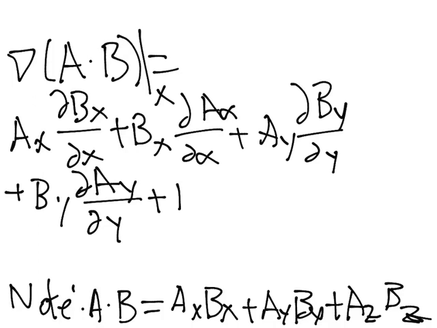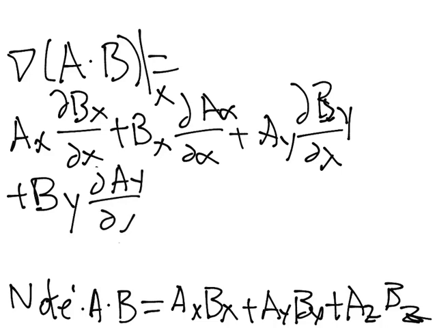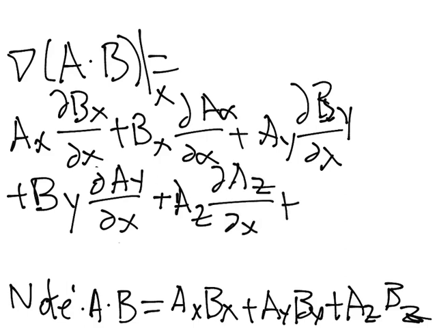This is the partial of by with respect to x plus, because of course this is a gradient, so we're only taking the x component of it, right? And then what we want is this here, and then of course we would just replace the partial x on the bottom with respect to y and respect to z as we get there.